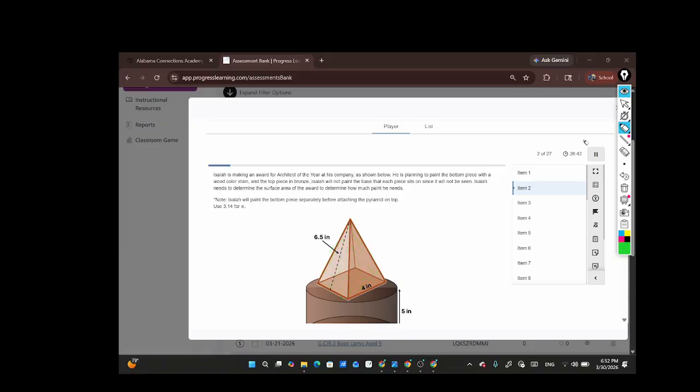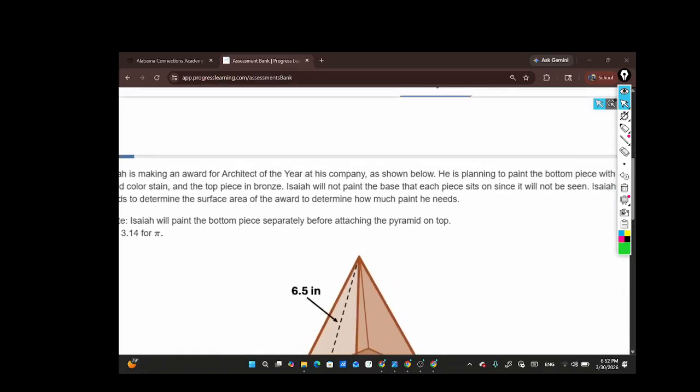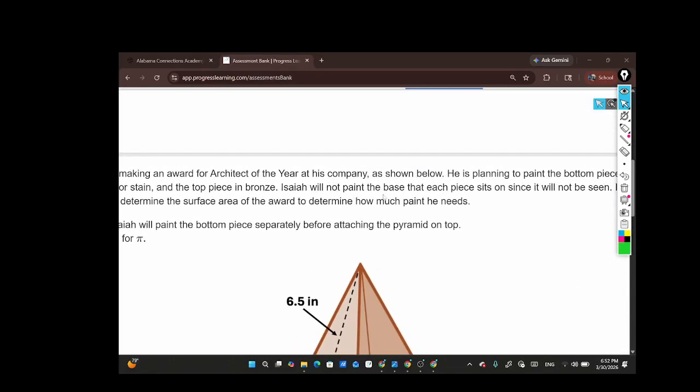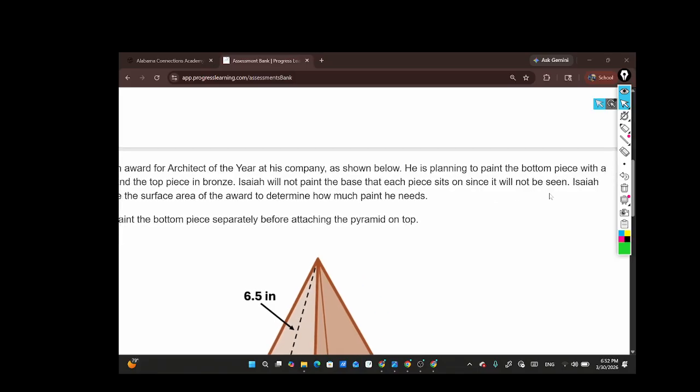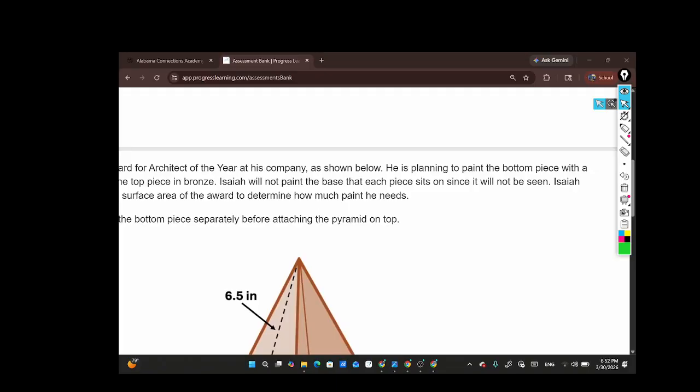Now, for this question, Isaiah will not paint the base that each piece sits on, since it will not be seen. So remember that we will talk about the base for each figure.